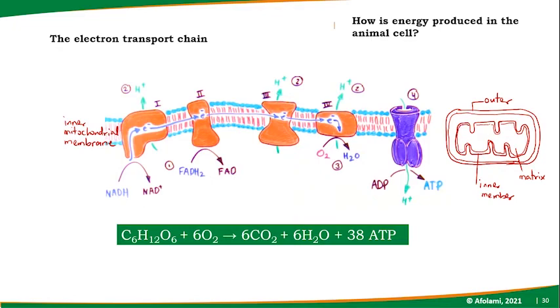So we can say that this double membrane is zoomed to produce this. So when you zoom inside the double membrane, the phospholipid bilayer in the inner membrane, this is what you have.